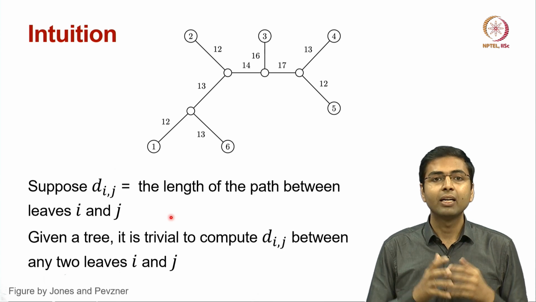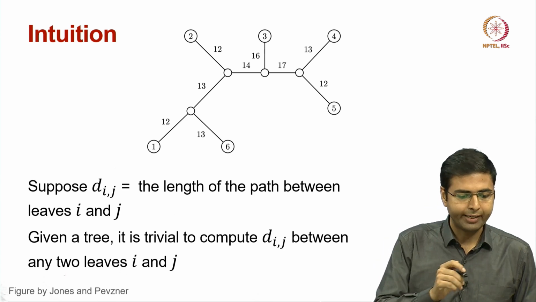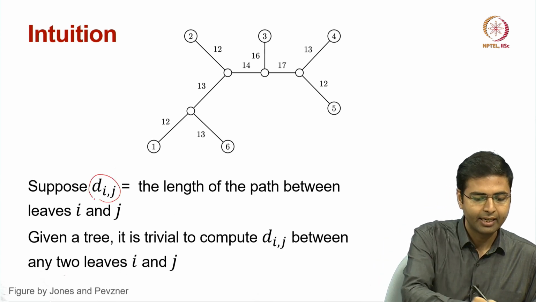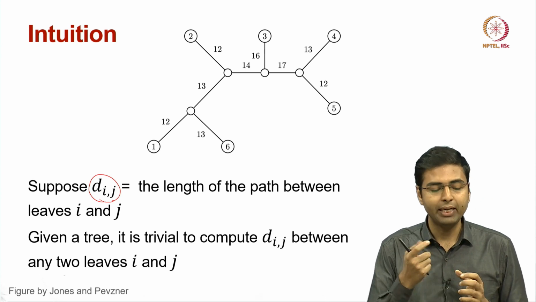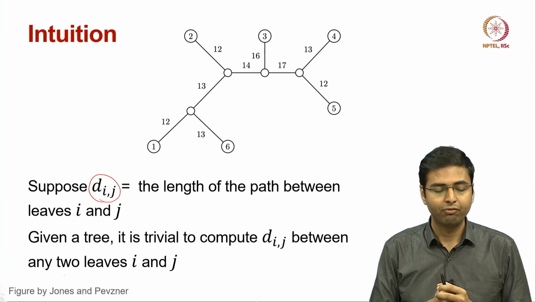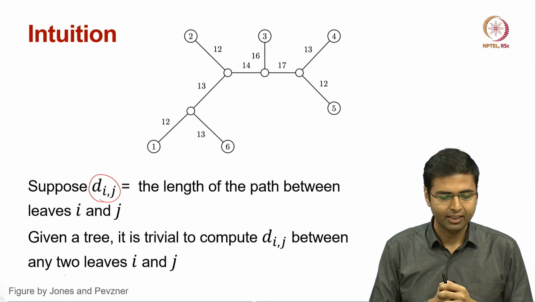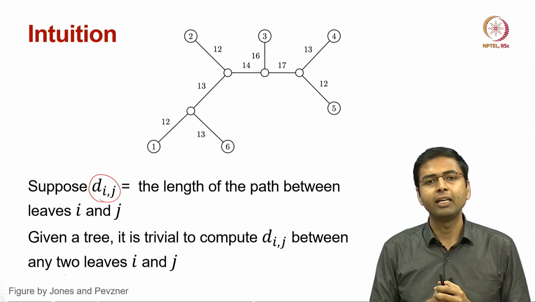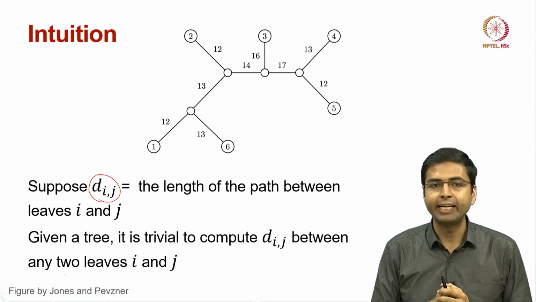Now given a tree, let us use this notation dij as the length of the path between leaves i and j. Then if I give you a tree with weighted edges, it is trivial to compute dij between any two leaves i and j.